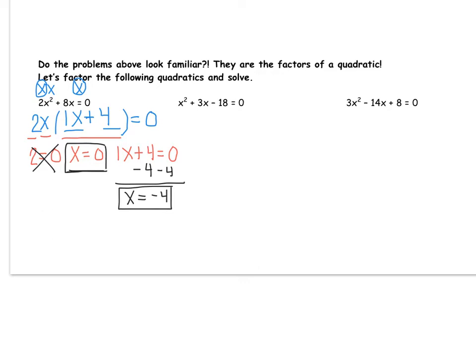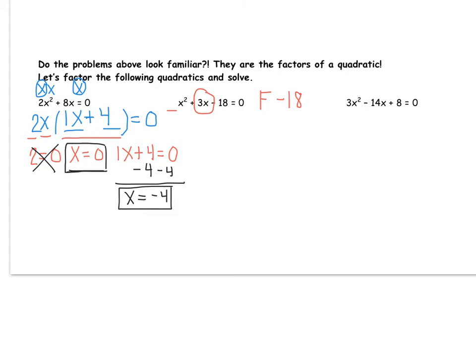x squared plus 3x minus 18. Now, hopefully you remember that when you have a leading coefficient of 1, you can just look at the factors of your constant, negative 18, and list them. So I'm going to look at the factors of negative 18 and find the factors that add up to 3.